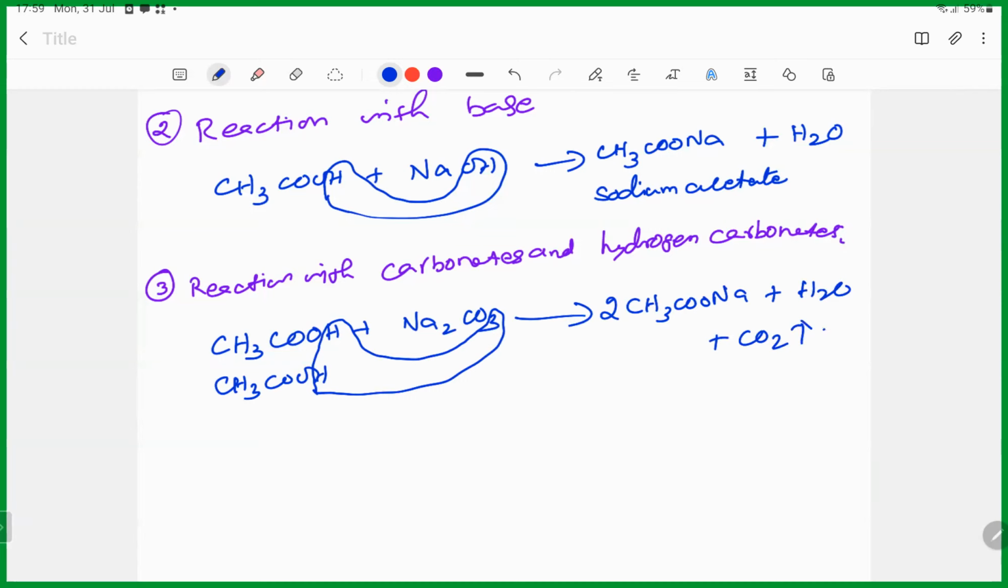CH3COOH plus Na2CO3 gives 2CH3COONa plus H2O plus CO2.